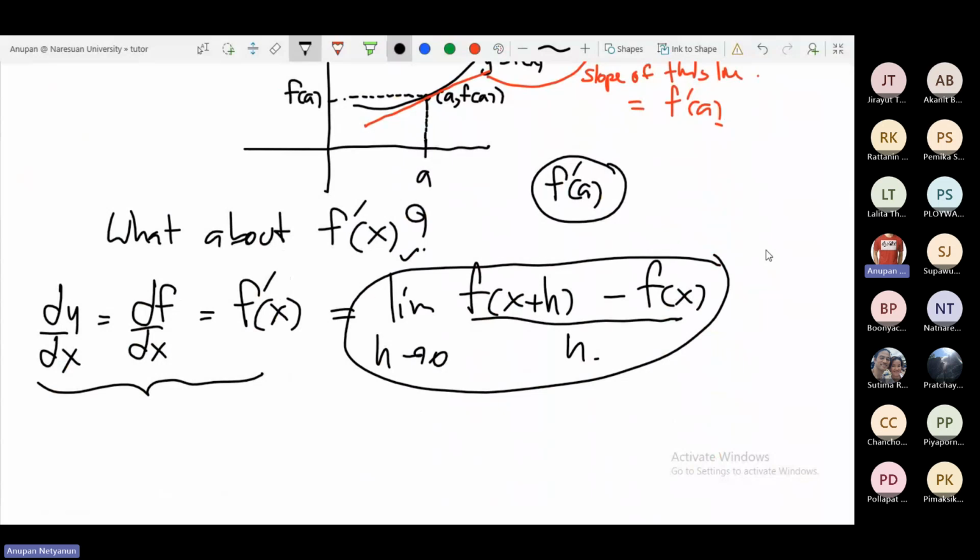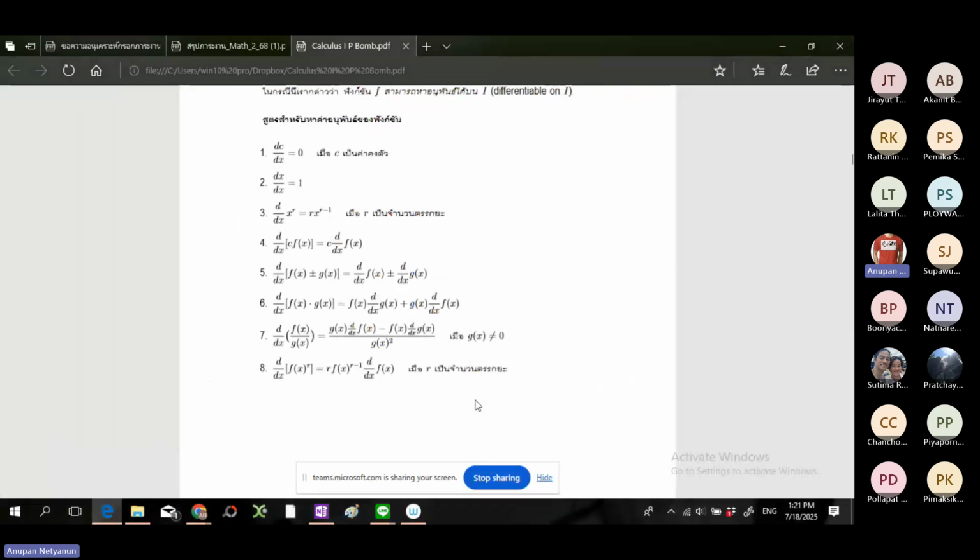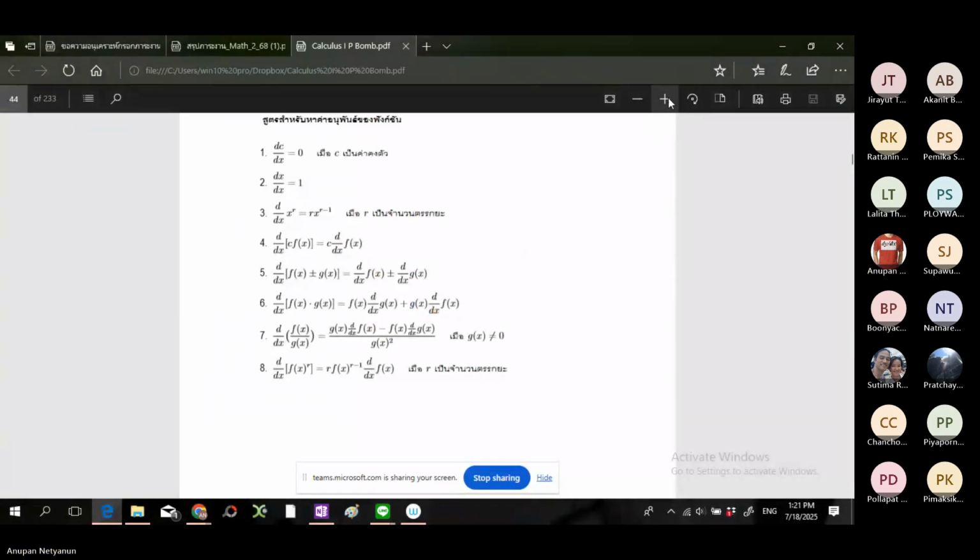But to make it faster, we have a formula for some functions. I mean, someone already calculated for you by using this definition. But let me give you the result. What are you going to have? I think you will be familiar with this already, which is this formula here.